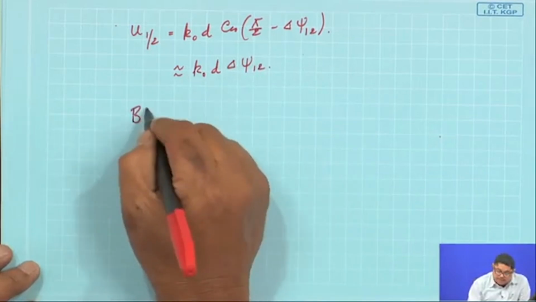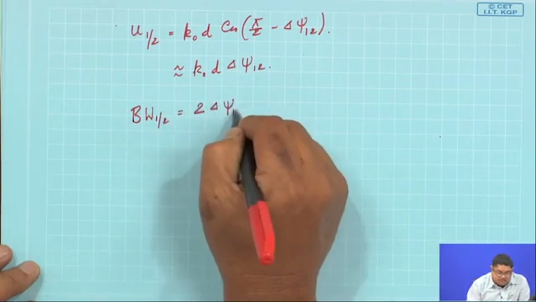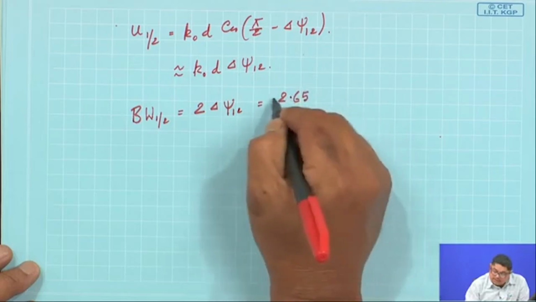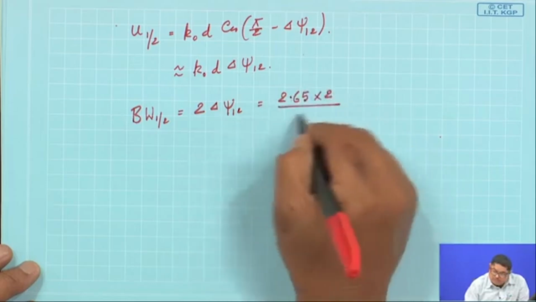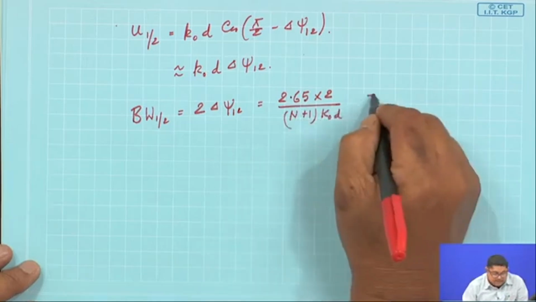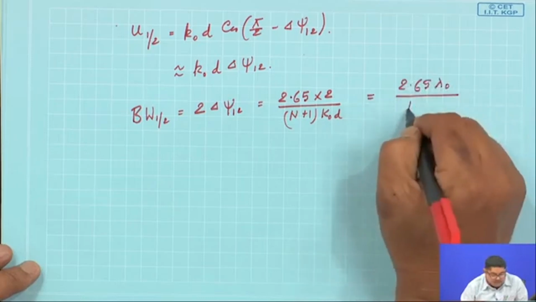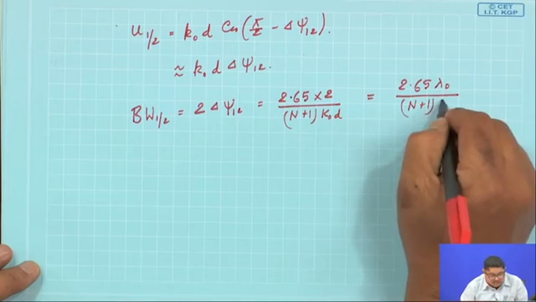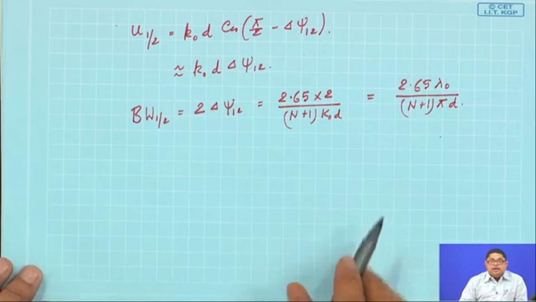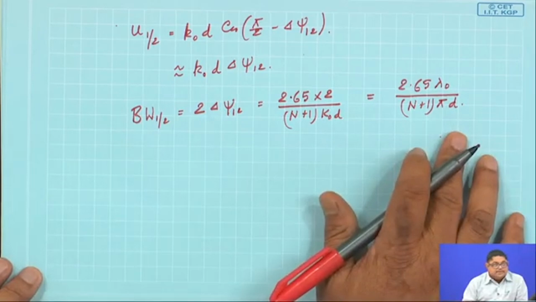So, half power beam width is 2.65 into 2 by (n+1) k naught d, that is 2.65 lambda naught by (n+1) pi d. So, ultimately we got the H plane beam width is this.